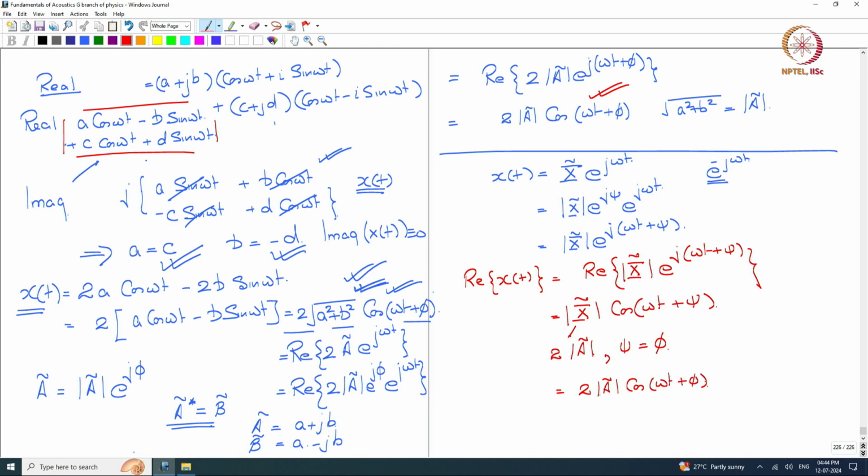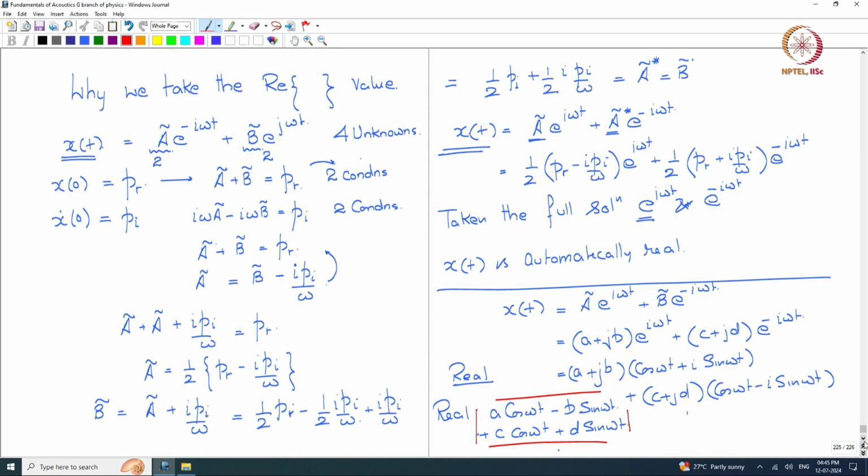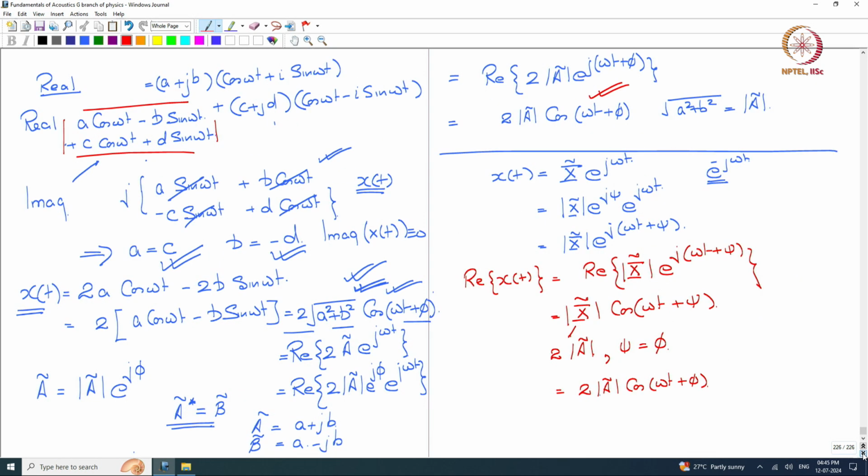Okay. Because we are not taking the full solution, like this, we have to take the real value at the end to get our real answer.